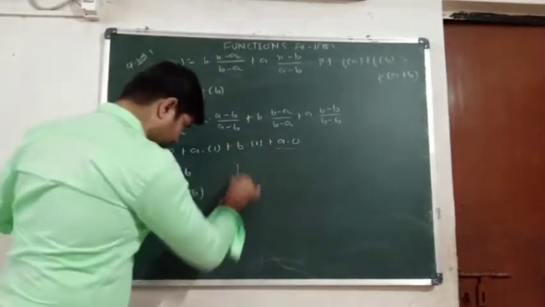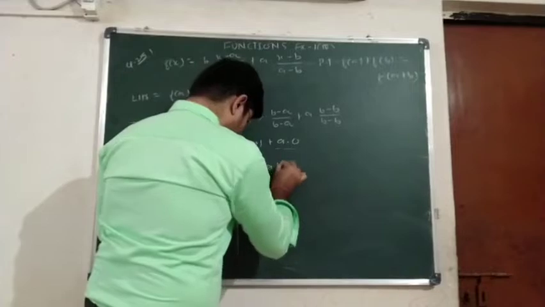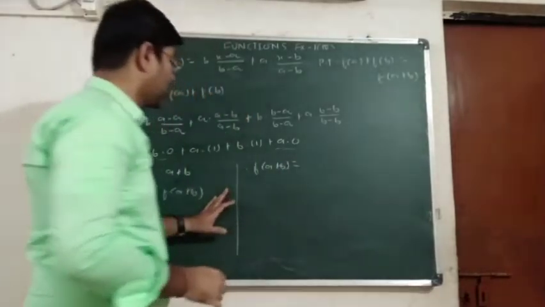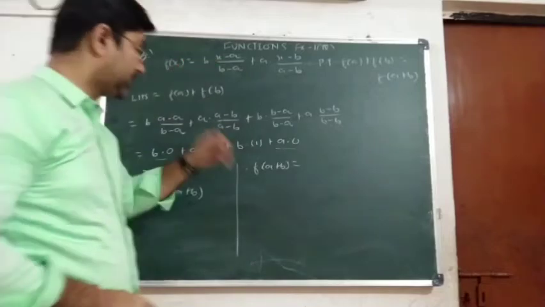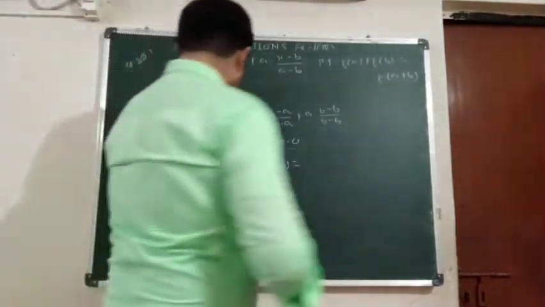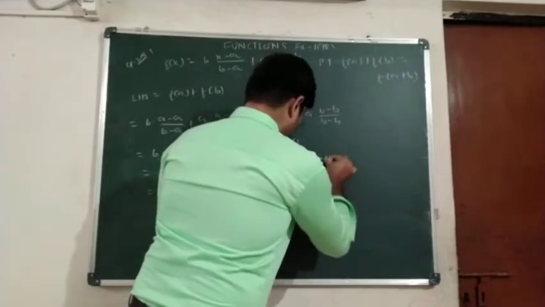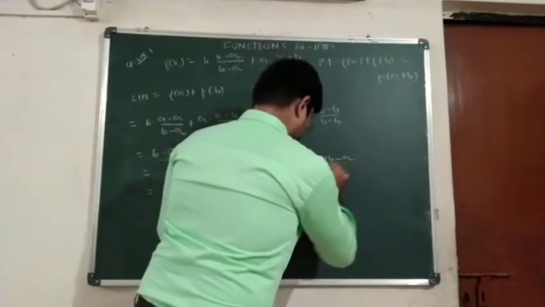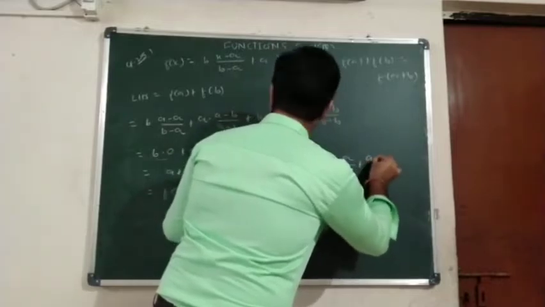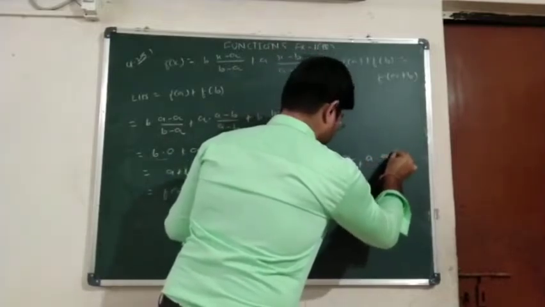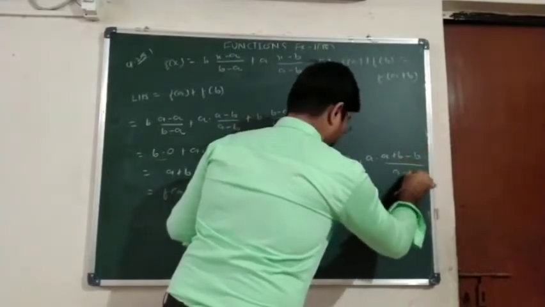How? Now let us see. Since f of a plus b is equal to, now in order to find f of a plus b, x will be substituted by a plus b. So we will write b into a plus b minus a upon b minus a plus a into a plus b minus b upon a minus b.